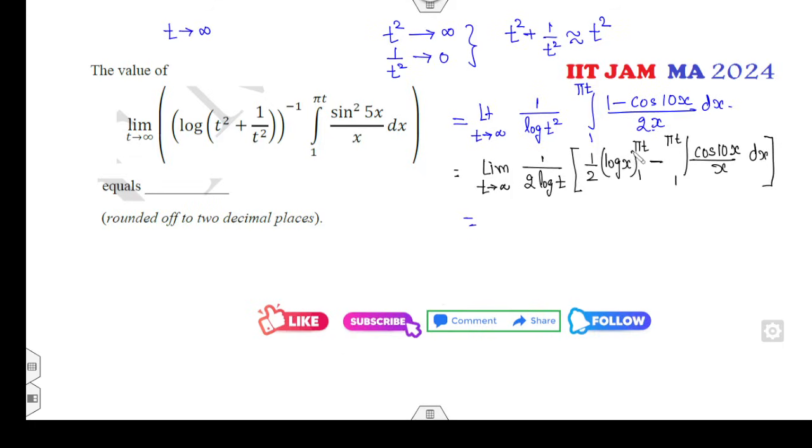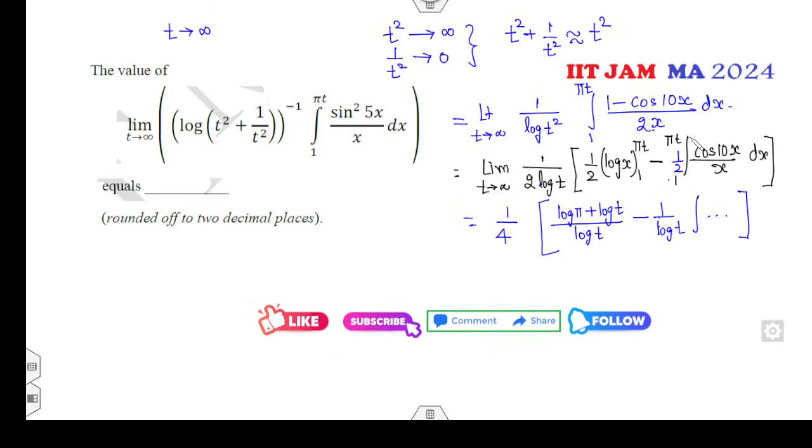Now you can see, the 1 by 2 is also here. Fine, this 2 is with everyone, right? So 1 over 4 is outside. It will be log of pi plus log of t divided by log of t. Fine, minus 1 over 4 is completely outside, that will be 1 over log of t times the integration of this quantity.